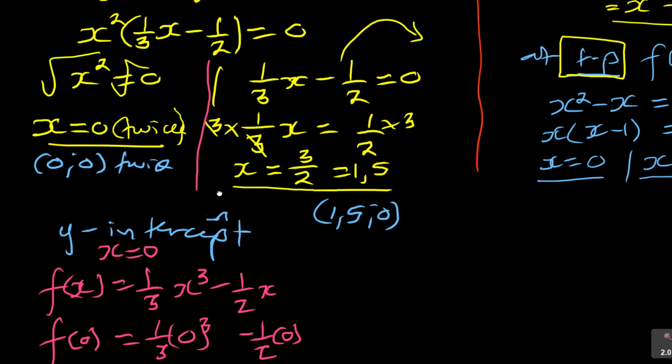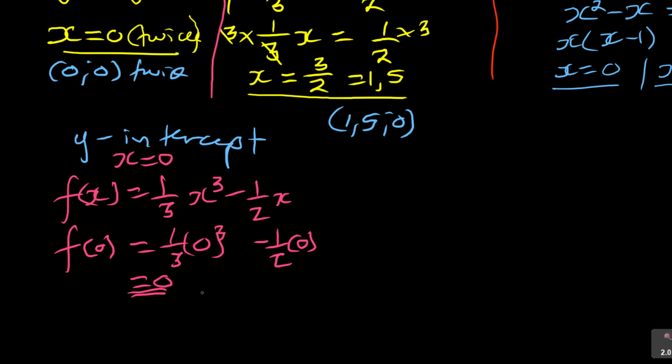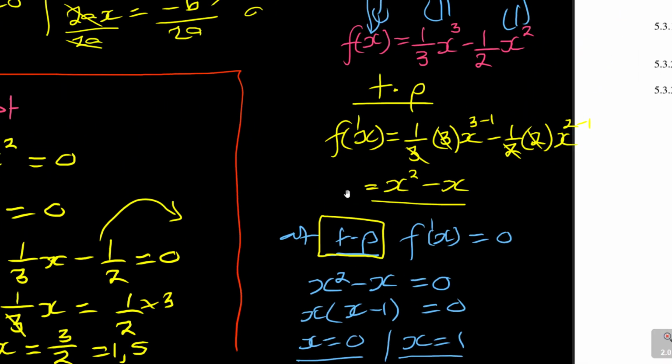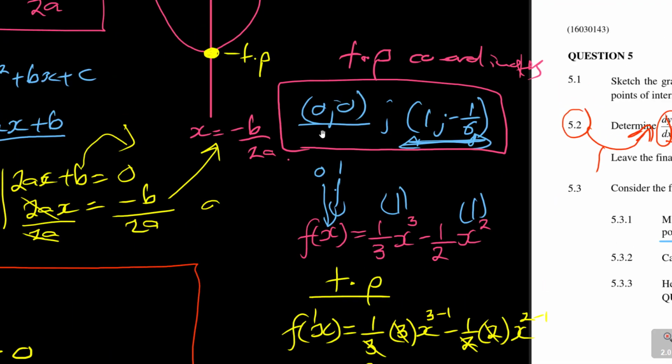And the other coordinate again is the same thing: when x is 0, y is 0. These are the coordinates that you need to plot. And the other coordinate that you need is this one here: when x is 1, y is what? Negative 1 over 6, which is more like negative 0.3333, I think, if you use that.